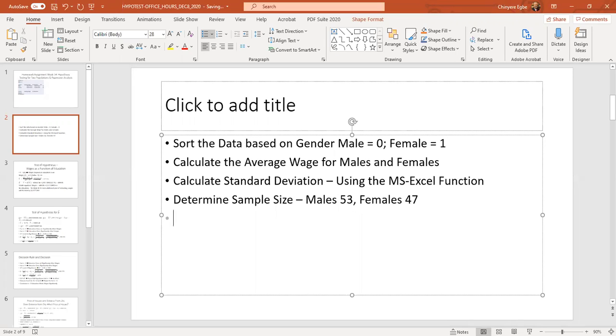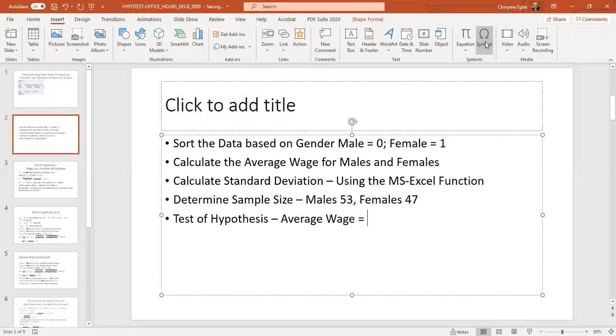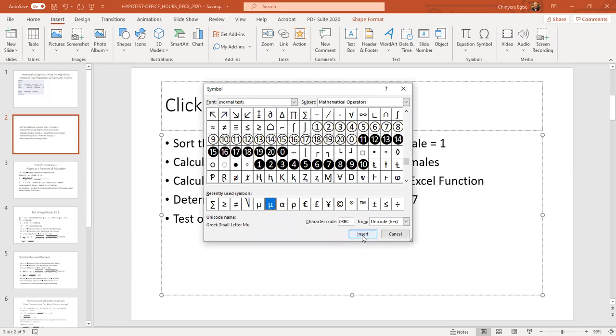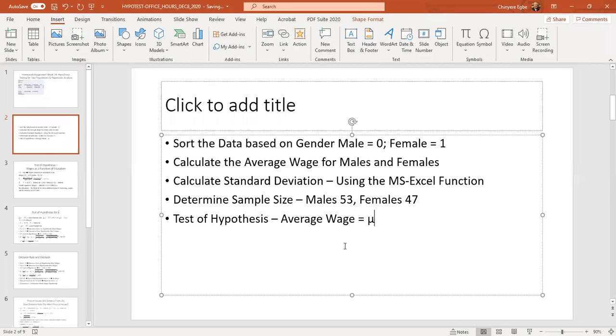Okay, then you use that to do the test of hypothesis. So now you have the average wage, which is what you call your mu. Okay. So that is the average wage for males, the average wage for females.